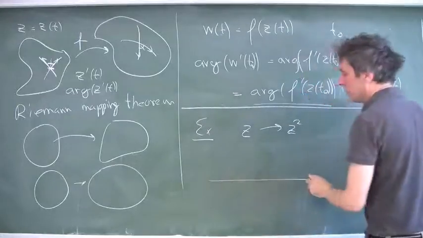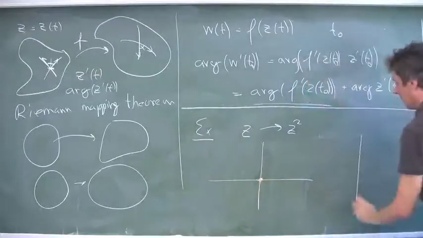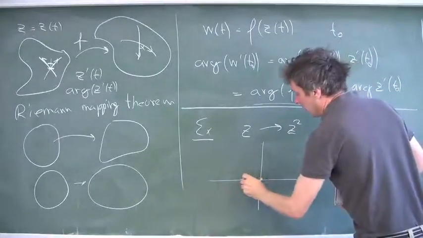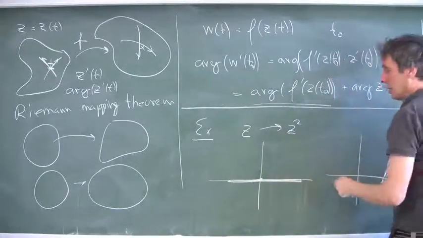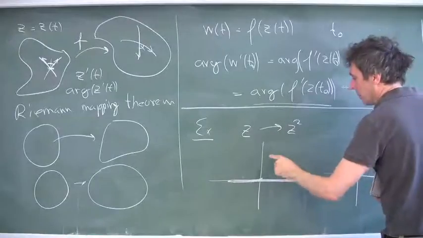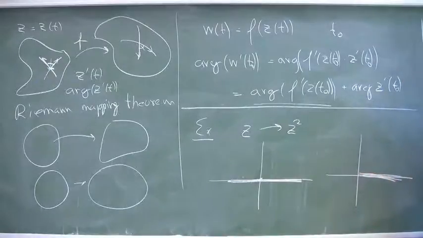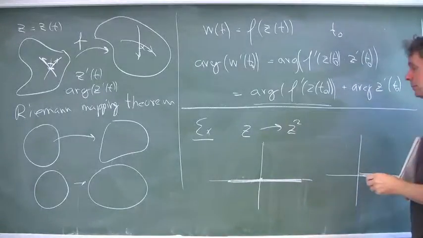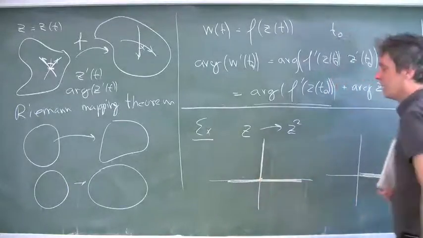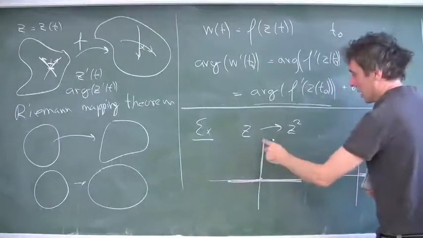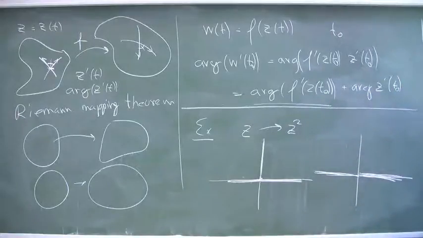Then in the complex plane, if you take the curve which is the real axis, it will be mapped onto the positive real axis, of course. But the positive part of the imaginary axis will be mapped onto the negative part of the real axis.